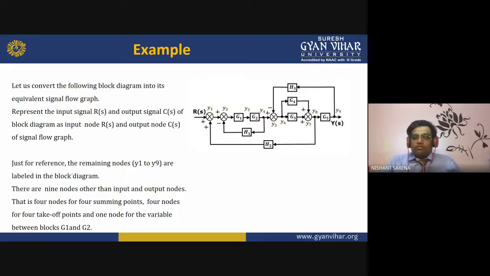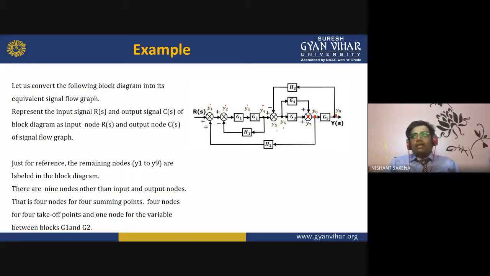That is y1, y2, then there is a node between these two blocks, y3. This is the node y4. This will be your y5. Then y6, then y7. This takeoff point will be y8, and this will be your y9.